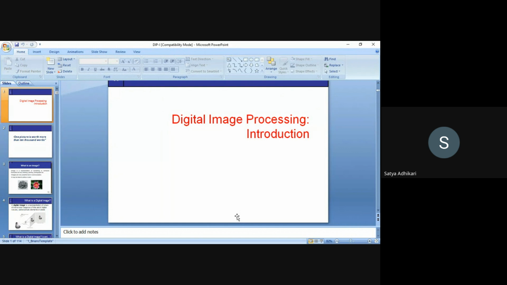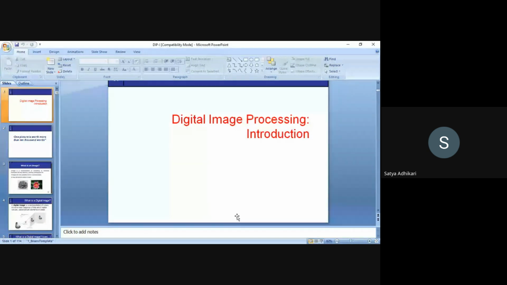What are the different techniques used for processing a digital image? So, on the first slide, digital image processing.